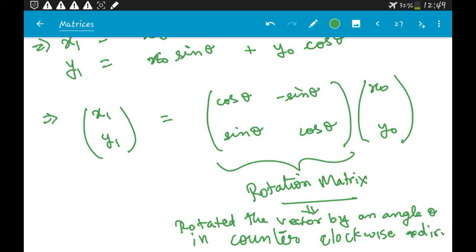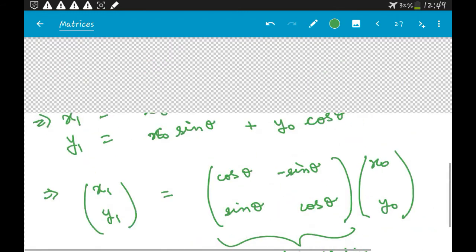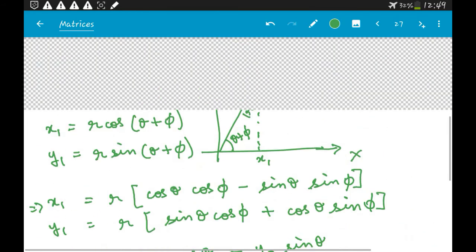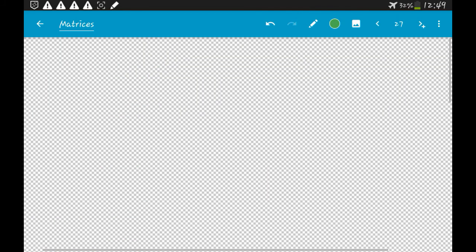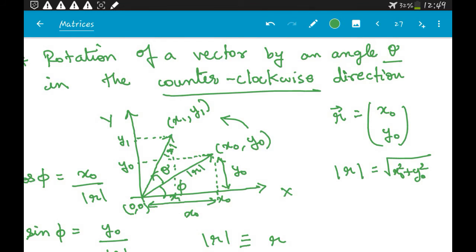Now remember the rotation was in the counterclockwise direction. If the rotation is in the clockwise direction, this will become different, because your angle will be somewhere here. So you have to remember how you are rotating it.